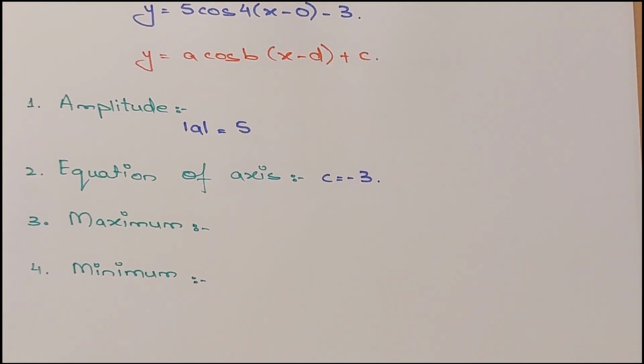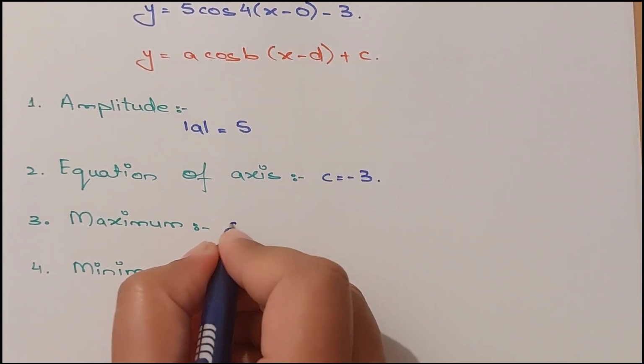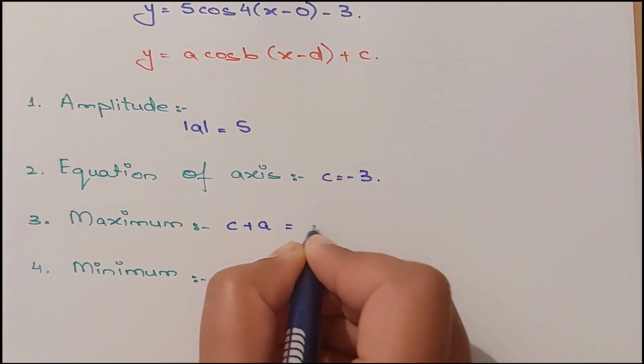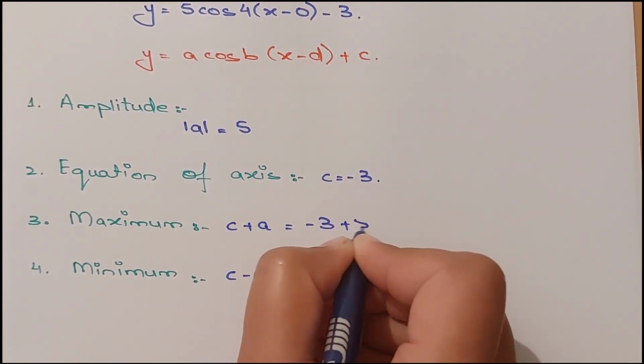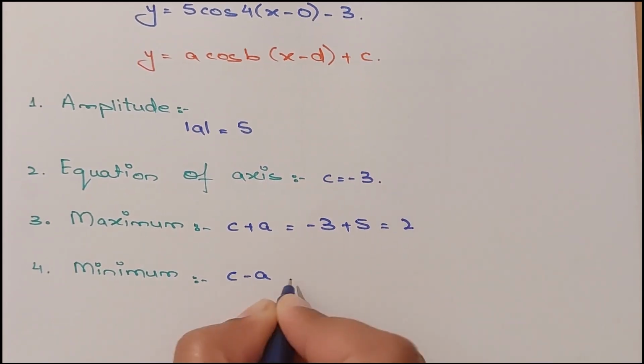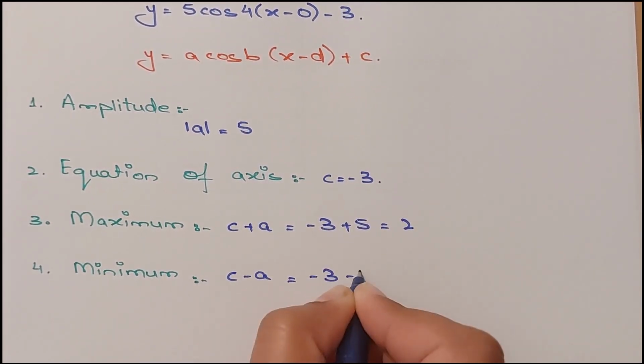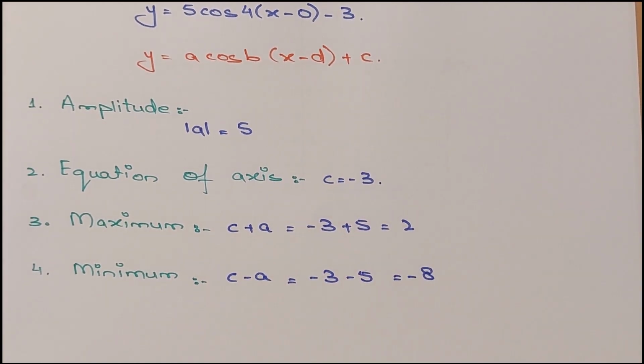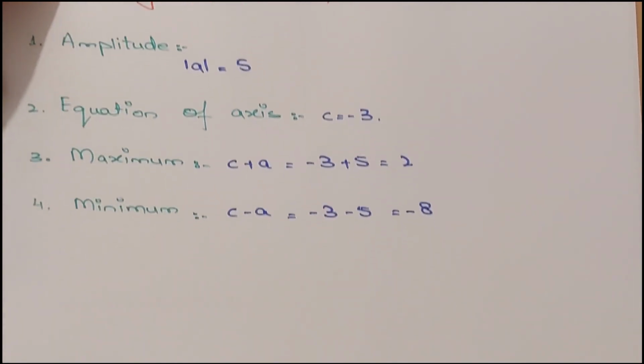The formula for the maximum is c plus a and c minus a for the minimum. So c is -3 plus 5, which equals 2, and -3 minus 5, which is -8. So the maximum point is 2 and the minimum point is -8, right?